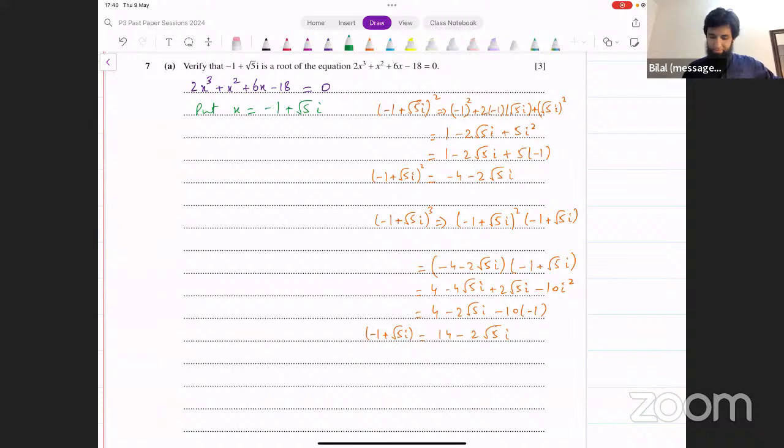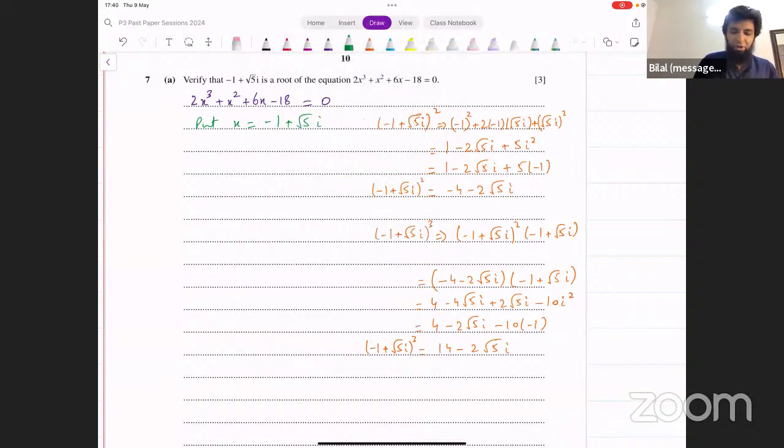All right. Okay, good. So we have evaluated the cube now as well. Now that we know what the cube term is and what the square is, we can just input those here.